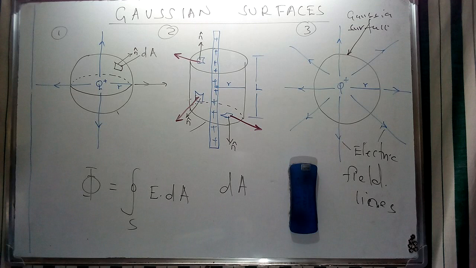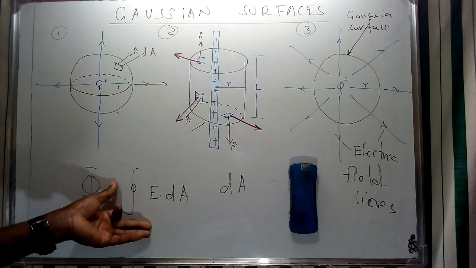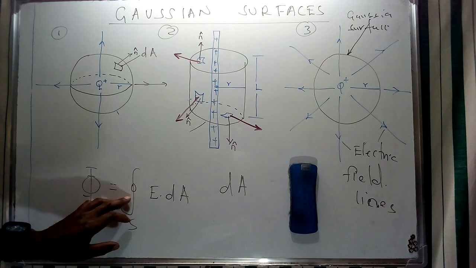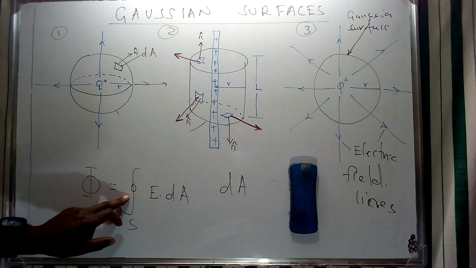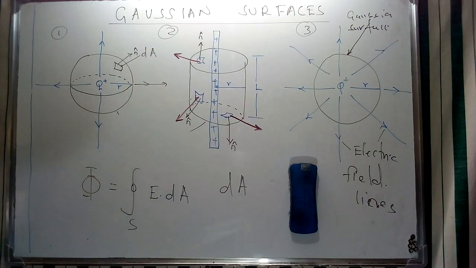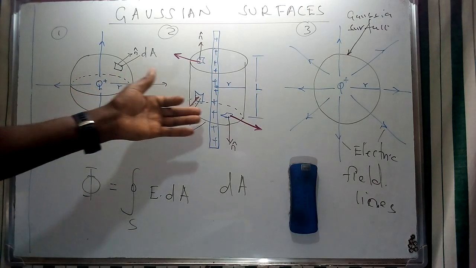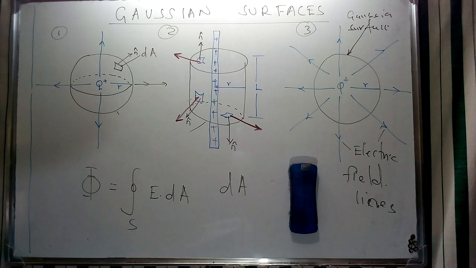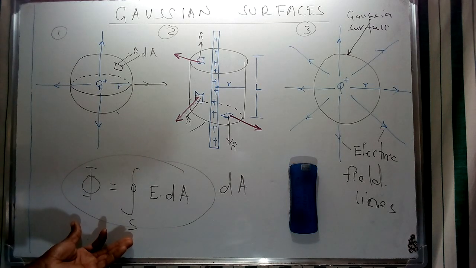And this special notation that I've given for these surfaces, where we have a circle superimposed on the integral sign, represents the surface integral over closed surfaces, the Gaussian surfaces, which I've said consist of symmetrical surfaces. Thus we can represent the Gaussian surface electric flux generally using this sign.